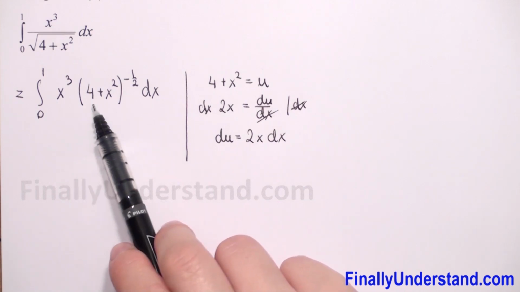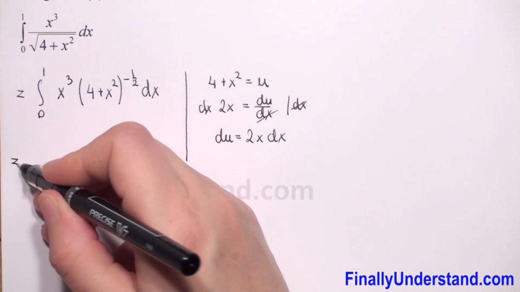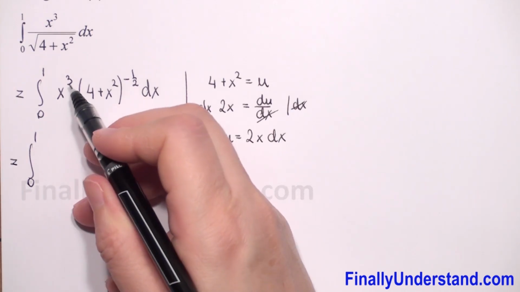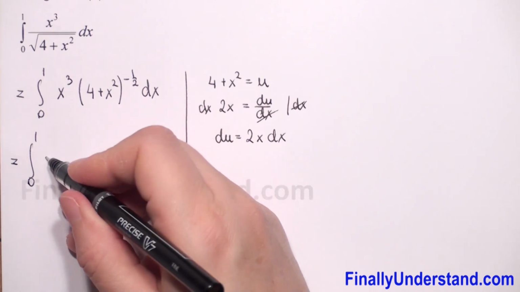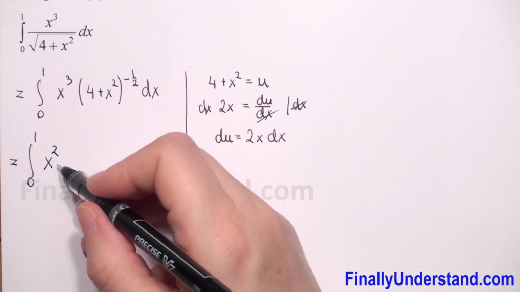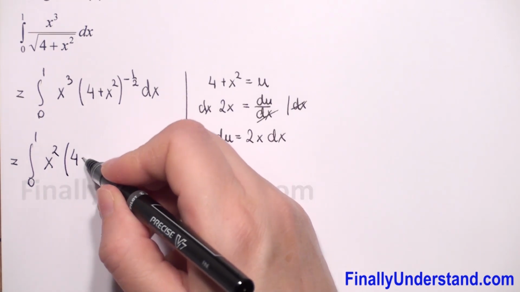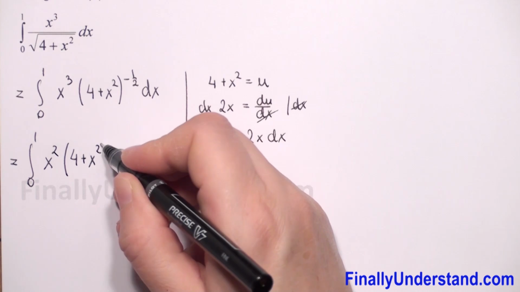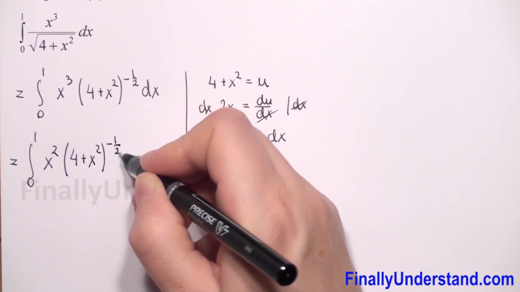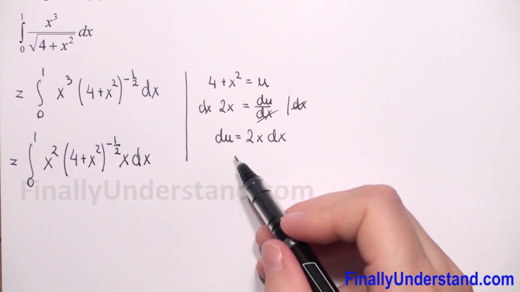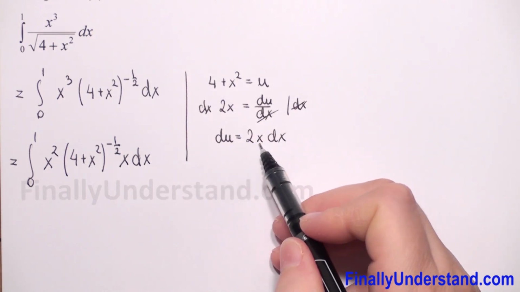So what can I do here? First, I will rewrite our definite integral and change x cubed to x squared times x. So I can put first x squared and next will be 4 plus x squared to the power negative 1/2 and next I will put x dx. We found that du is equal to 2x dx.